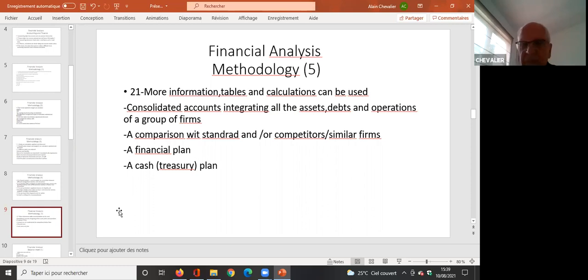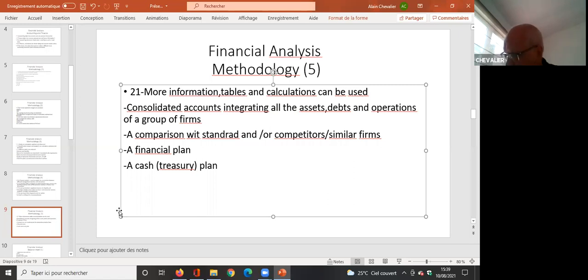If there are some problems, some mistakes in the balance sheets and in the income statement, these mistakes will be integrated in the calculations and at the end incorporated also in the results you will use to write your diagnosis and present your recommendation.